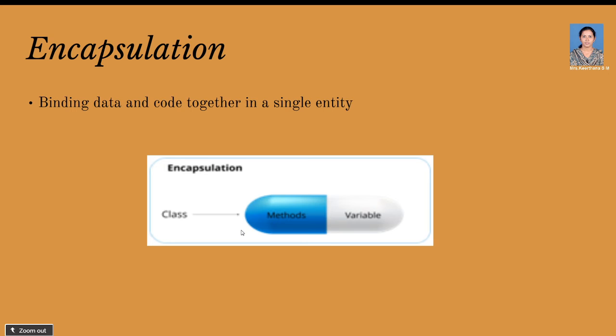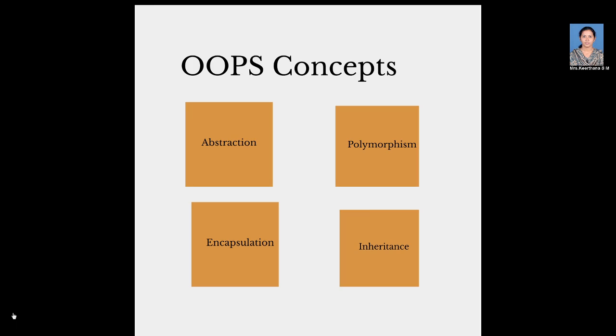The variables for a dog are the breed, size, age and color, and the behavior of the dog is considered as the methods. That is, it can eat, it can sleep, it can bark, everything it can do. So those two entities are encapsulated, or bound together, and it is called encapsulation. And because of this encapsulation, the security is improved.